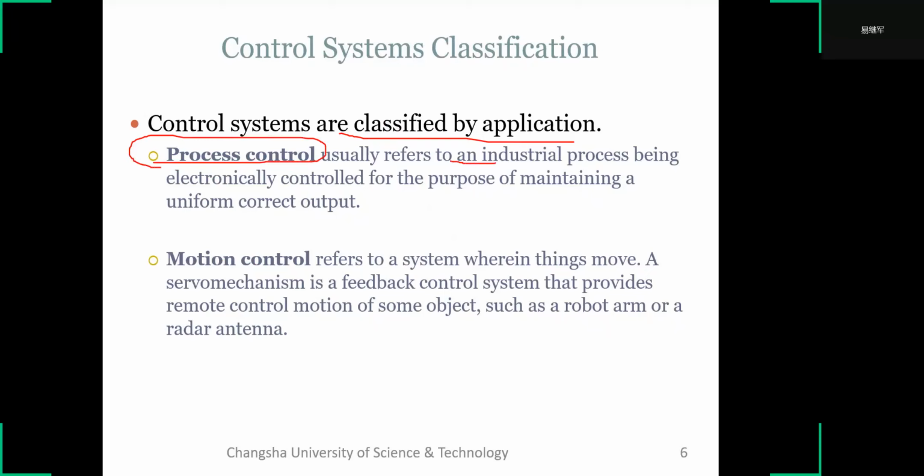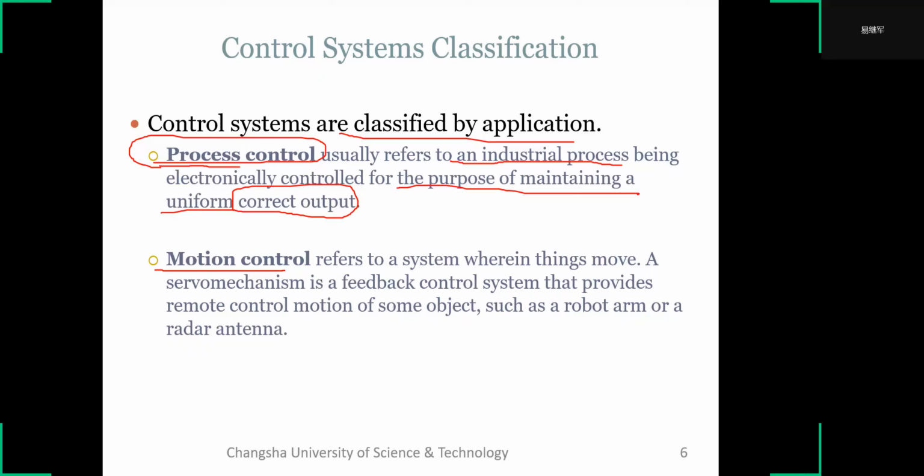Perhaps for simplicity, we just see process control as controlling the process and outputting the correct result.